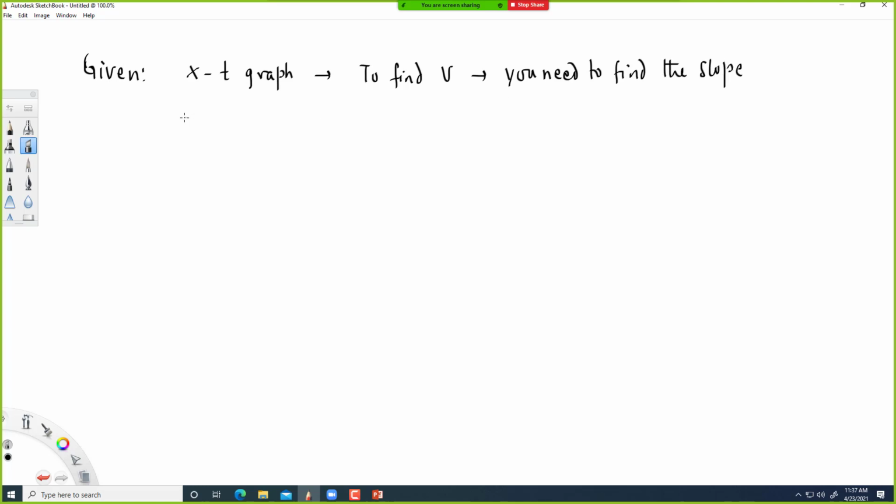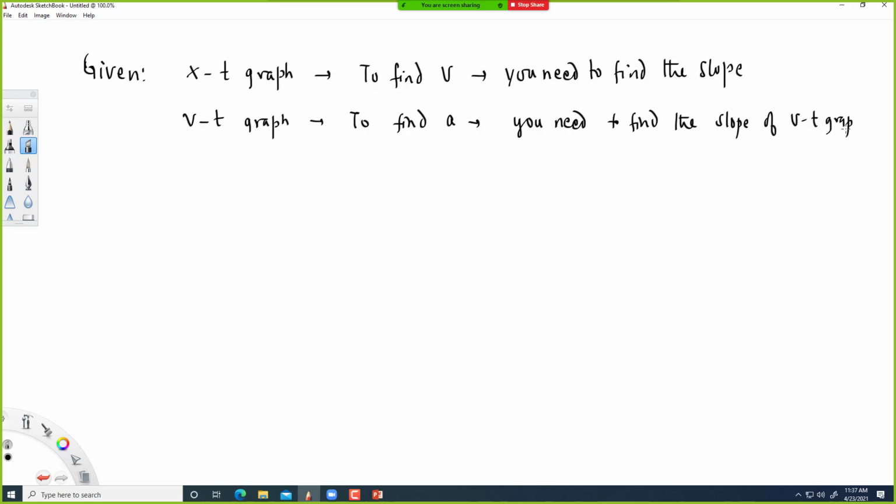If you are given a VT graph and you want to find the acceleration, you need to find the slope of the VT graph.